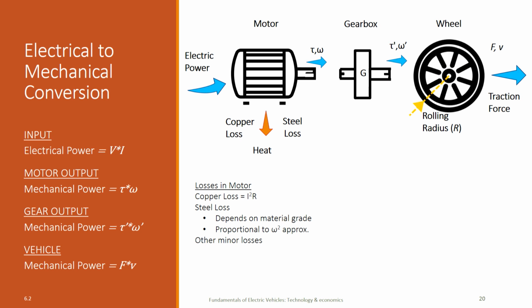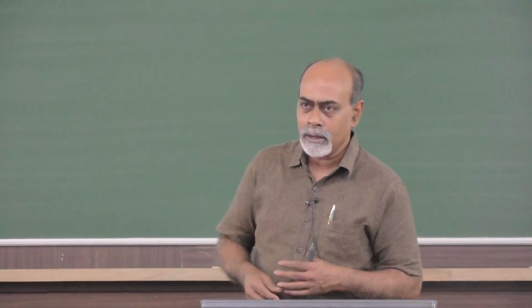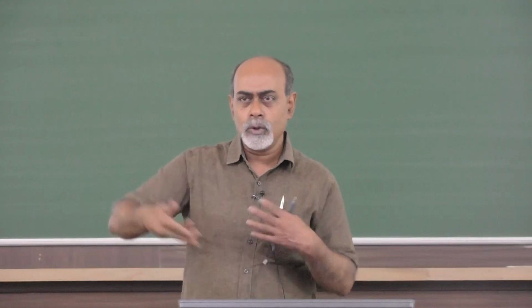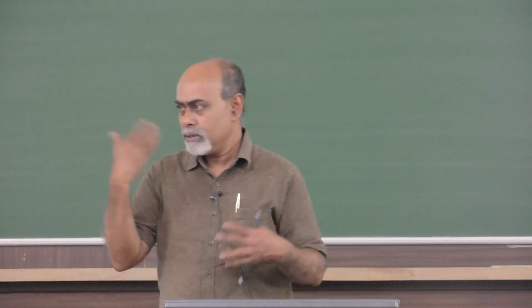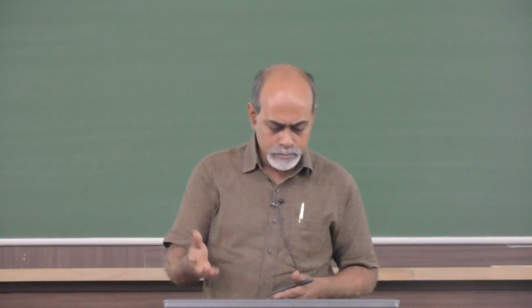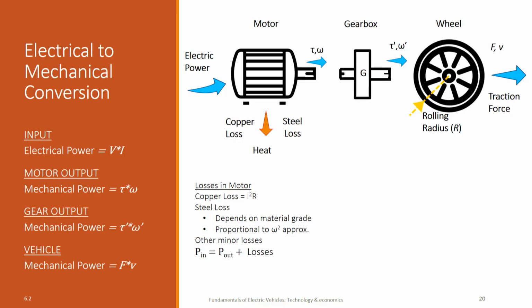And then there are other minor losses. There is something called magnet loss, there is something called windage loss, which is nothing but the air drag inside the motor where the rotor is rotating against, overcoming some air drag, all of that. So, all of them together cause a certain loss of power, and finally what is left is what comes out as mechanical power.